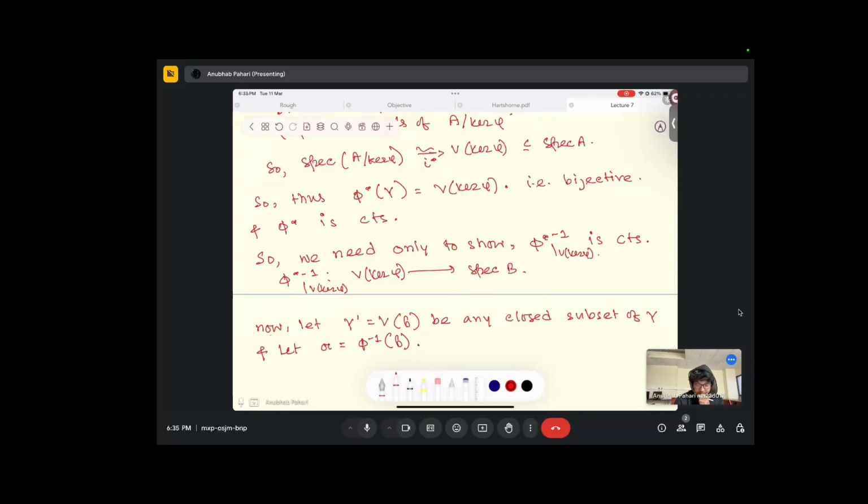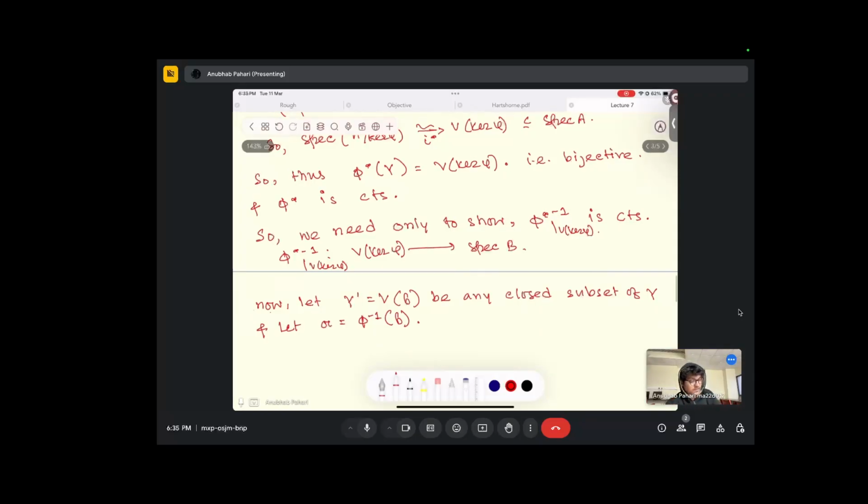Now A is its preimage, then we have the following equivalence relation.